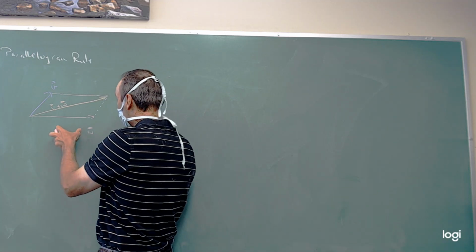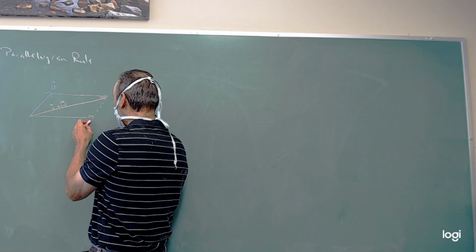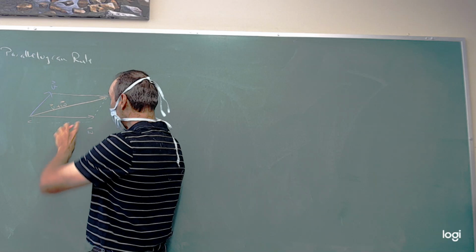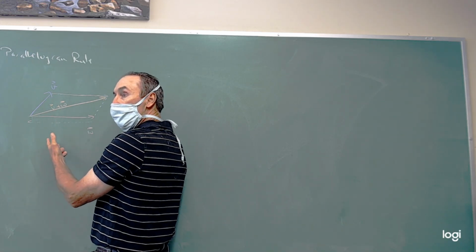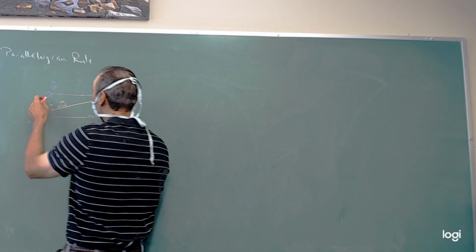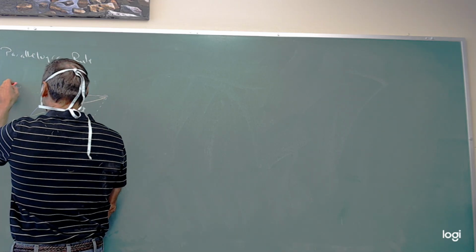Now, I'm going to try to create a subtraction, but it's going to be a little bit roundabout. So I'm going to look at the negative of w here. I'm just going to turn it around so it's the same length, but pointing in the opposite direction. I'm going to slide it now tip to tail with v. So now that vector negative w goes this way.